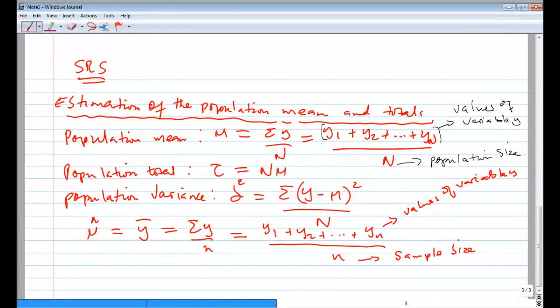Now, when you want to estimate the population total, we use tau, and because we are estimating it, we put a hat. The estimated population total is equal to N times mu hat, which is the same as N times y bar.